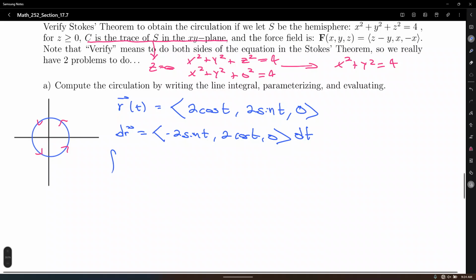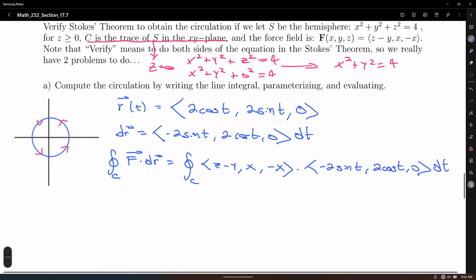That is the integral along the closed curve C of F dotted with dr, which equals the integral along C of the force field z minus y, x, negative x, dotted with our dr, which is negative 2 sine t, 2 cosine t, 0 dt. Alright?